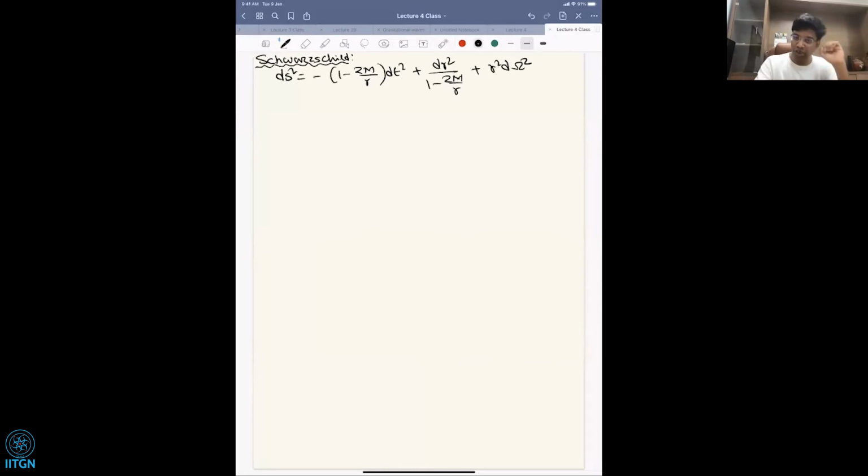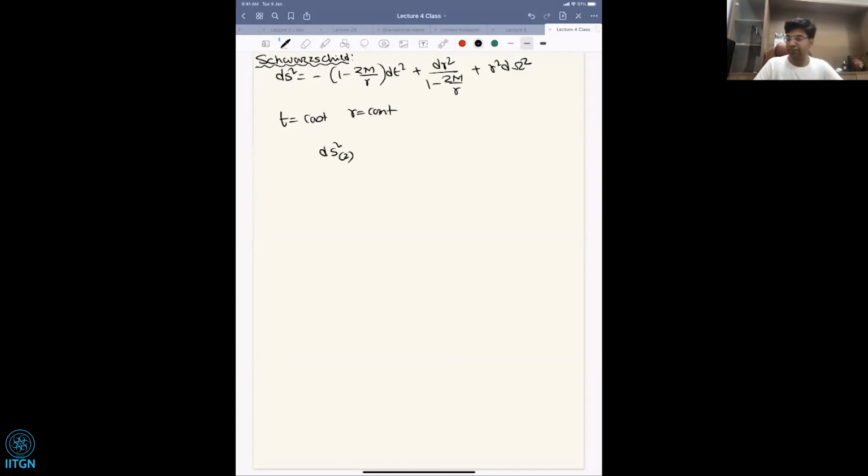Now for the Schwarzschild metric, let us take the condition that t equal to constant, r equal to constant surfaces. T equal to constant means I'm looking at constant time hypersurfaces. These are volumes. And then I'm looking at surfaces at constant r. So these are compact surfaces. And you can clearly see the metric on this.